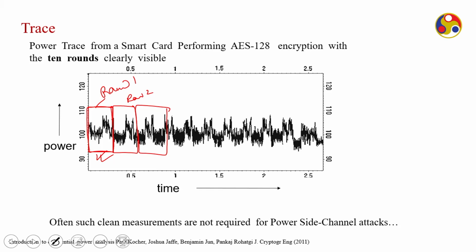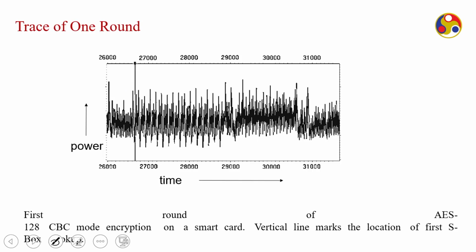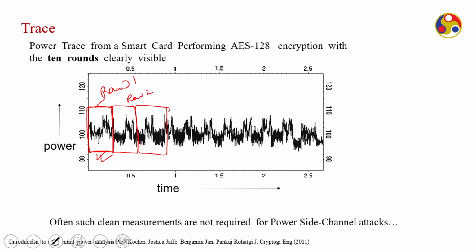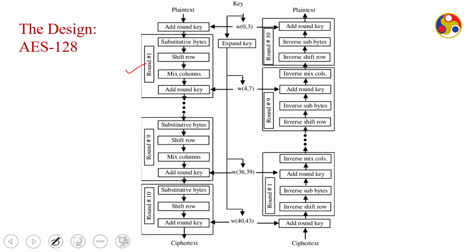So, let us zoom in and see what is happening. This is the kind of power trace for round 1, right. And the operations happening here are S box, then shift row, mix column and add round key.